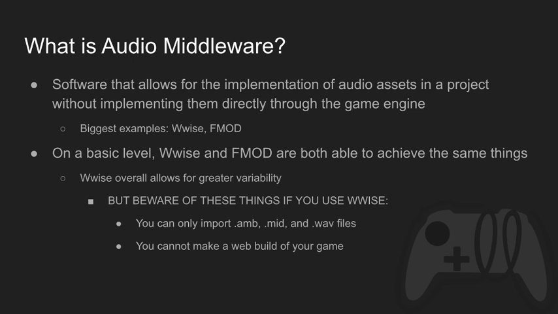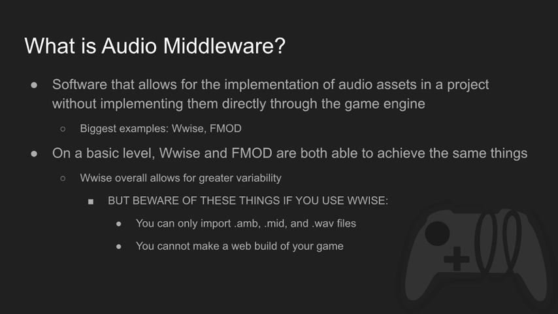You handle implementation details like fade-ins and fade-outs and looping in the middleware, and then you make function calls to whichever game engine you are working with, depending on where you actually need the sound to be playing. And the biggest examples of middleware are Fmod and Wwise.